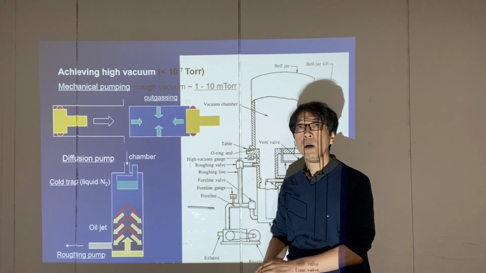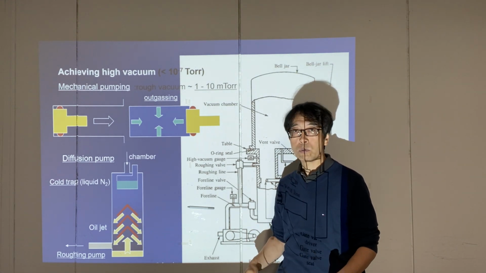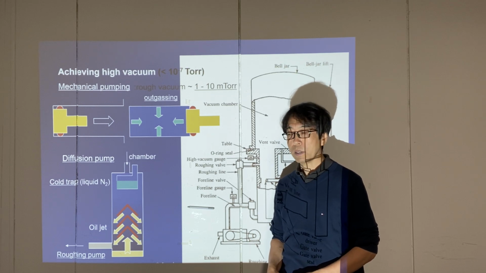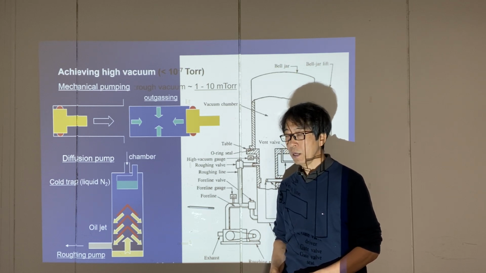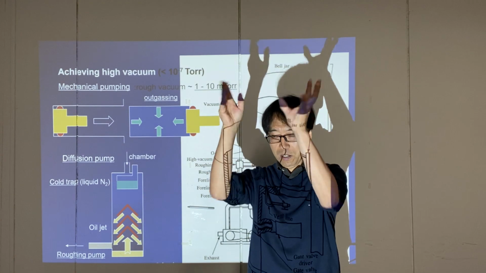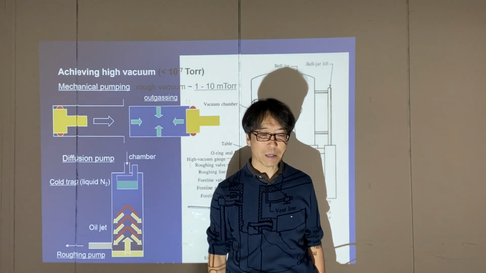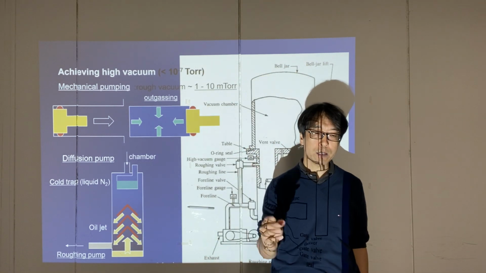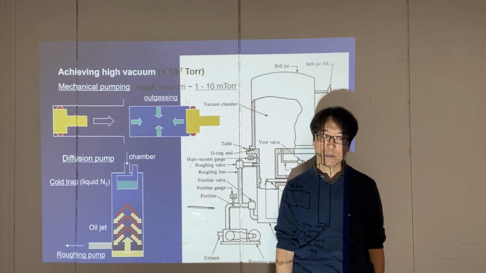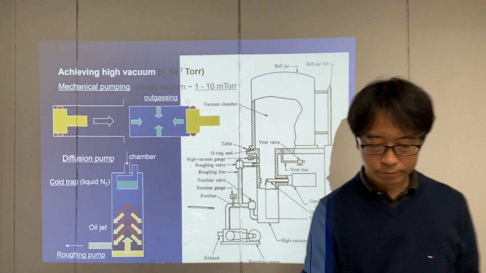It takes like an hour from there. There's nothing to do inside the clean room, so I just came out and had a hamburger and played basketball, and then came back. Then the vacuum is ready, and we can turn on the deposition. Okay, that's a very interesting experience.